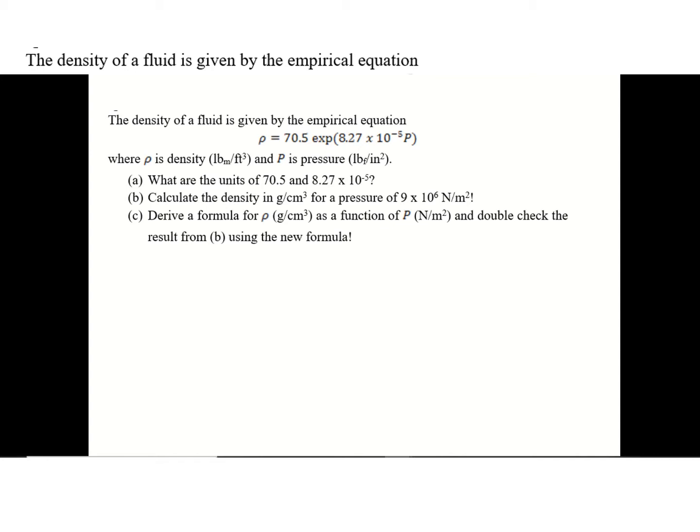So what we have to do here is to establish a relationship between pound mass per foot cube and gram per cm cube for density. Then for pressure, we are going to establish a relationship between pound force per inch square and Newton per meter square.